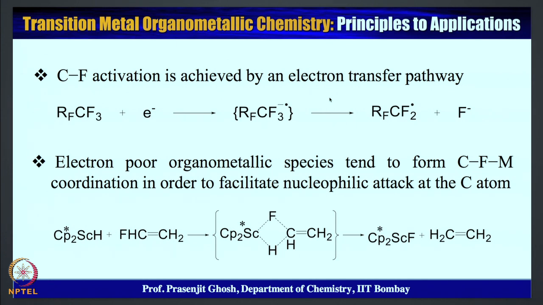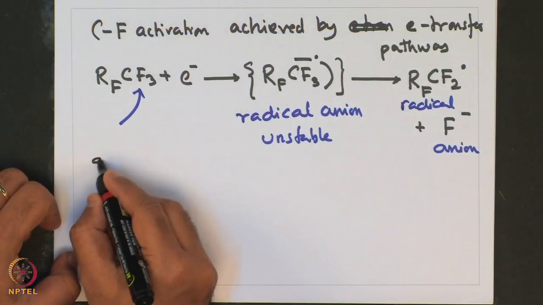So, apart from supply of electron, sometimes organometallic species also help achieve CF activation through coordination. I will illustrate this with an example.